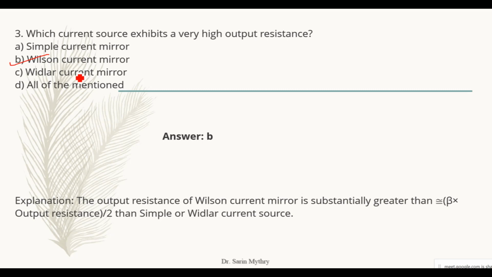If you're talking about a Wilson current mirror, here is my pen. If this is my resistance, I'll have my transistor here in this way, and another transistor over here.